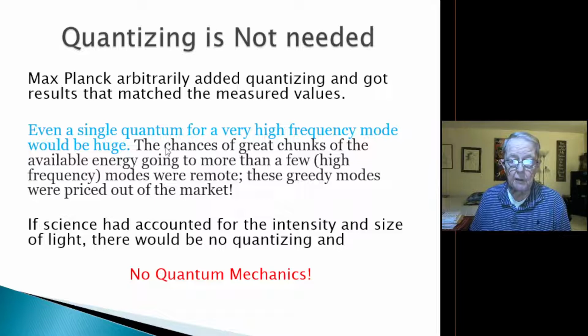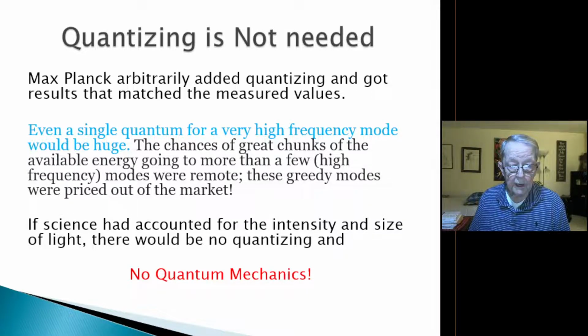The chances of great chunks of available energy going to more than a few modes were remote. And these greedy modes were priced out of the market because he quantized his equation. He just sampled at specific energy levels and threw the rest away.